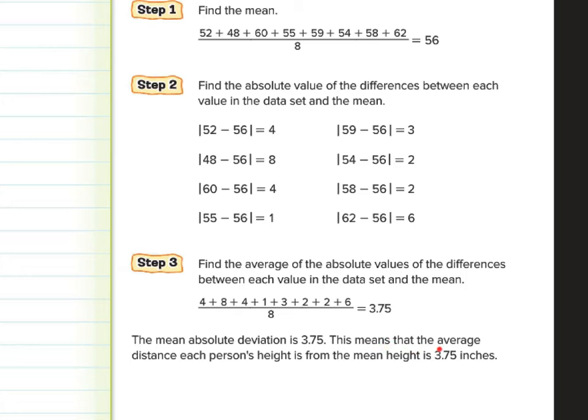This means that the average distance each person's height is from the mean height is 3.75 inches. Meaning that it ranges.